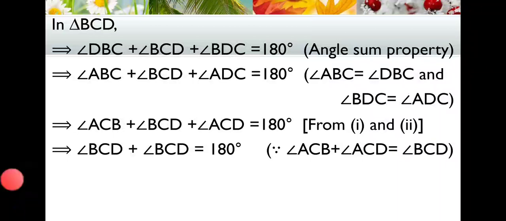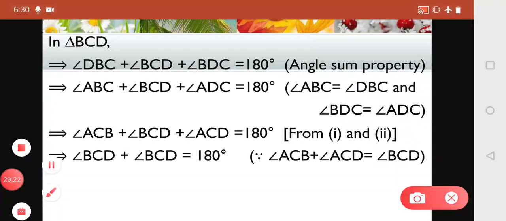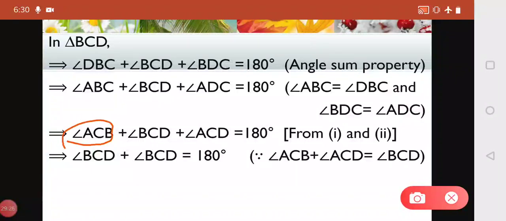Now how did another angle BCD come? Because when we add angle ACB plus angle ACD, we will get angle BCD, and this BCD is written same as given in the above equation. So we write angle BCD plus angle BCD equal to 180 degrees, since angle ACB plus angle ACD equal to angle BCD.